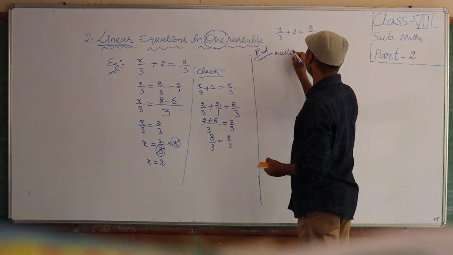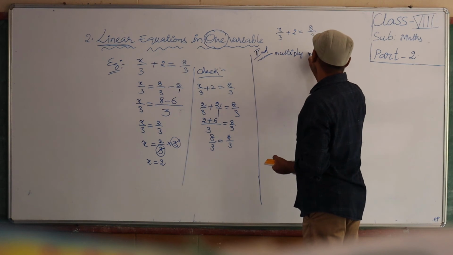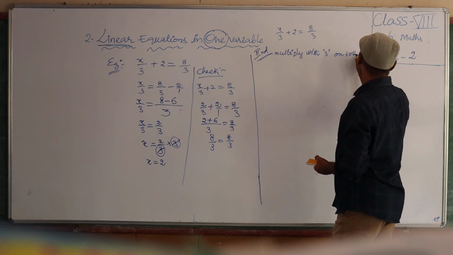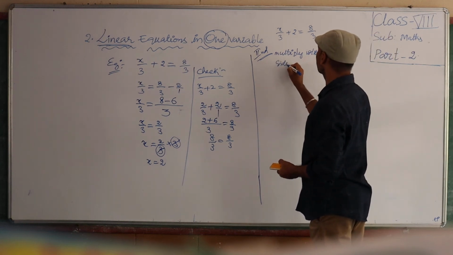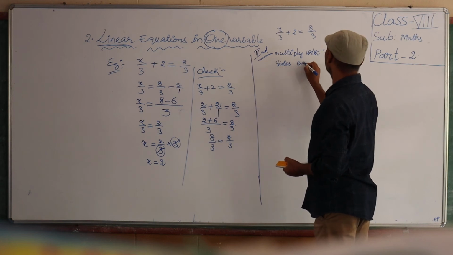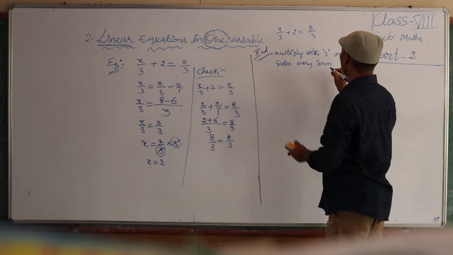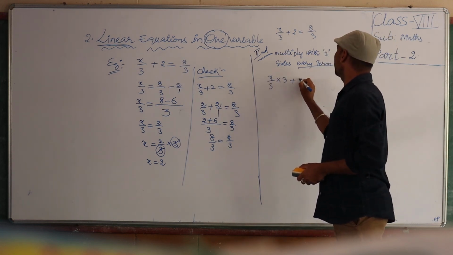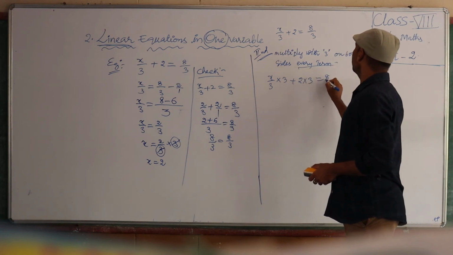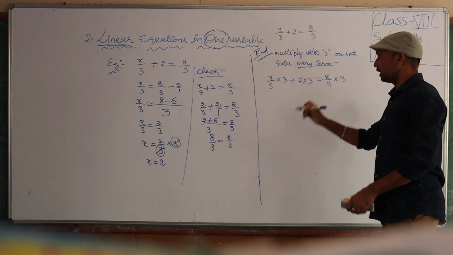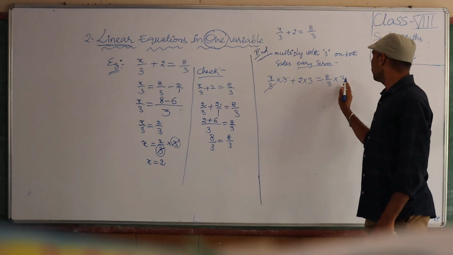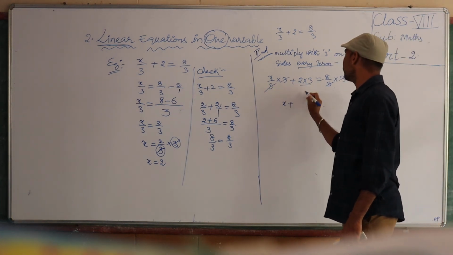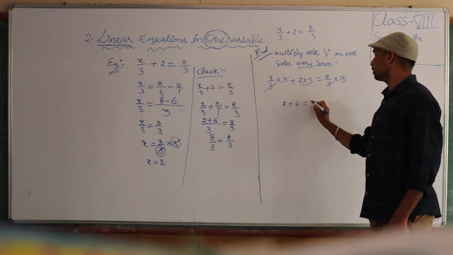You don't need to write this if you don't want. Write x by 3 into 3, 2 into 3, 8 by 3 into 3. So now here 3 cancels, here also 3 cancels. Now x plus 2 3s are 6 is equal to the remaining 8.